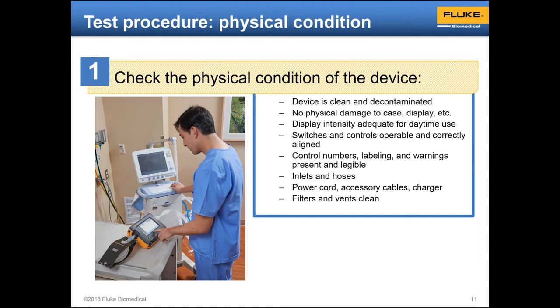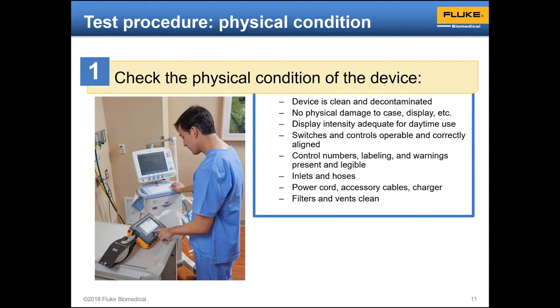We'll look for any physical damage to the external parts of the ventilator, hoses, everything. The display intensity should be adequate so you can see it during the daytime. The switches and controls should be operable and correctly aligned.